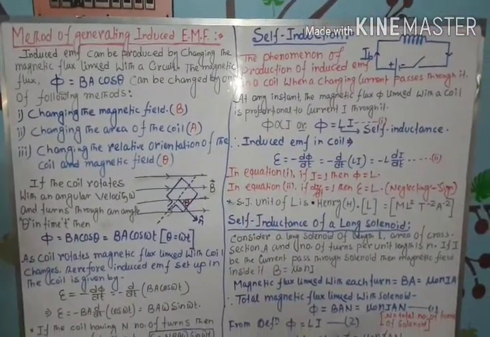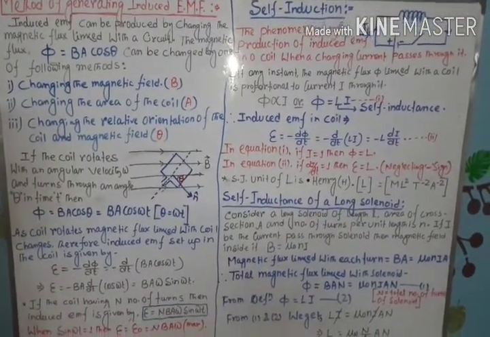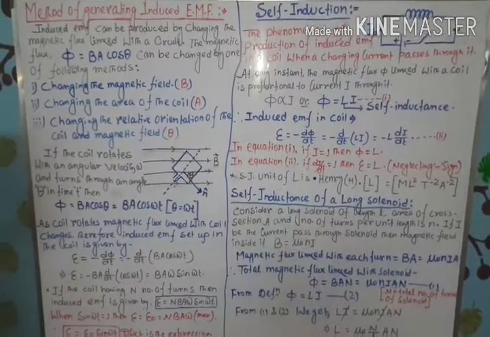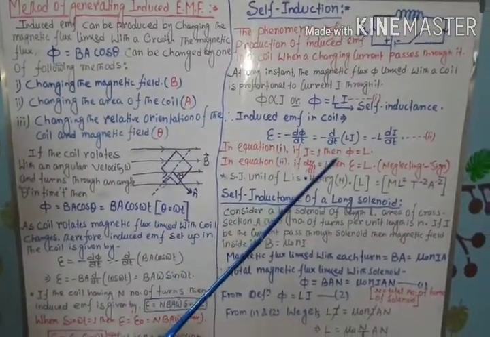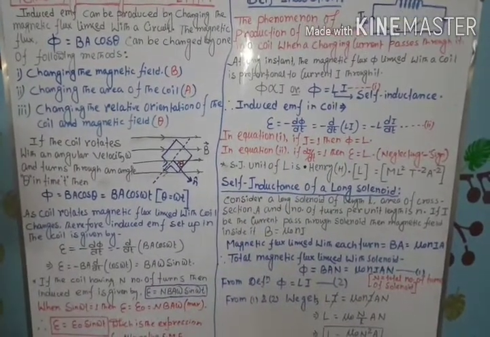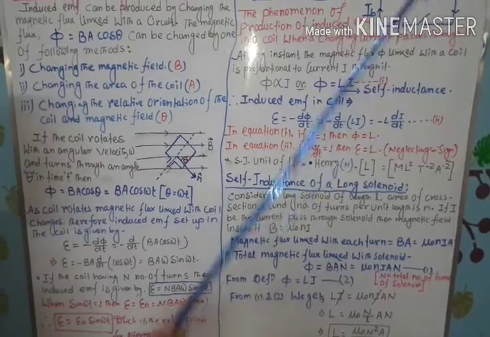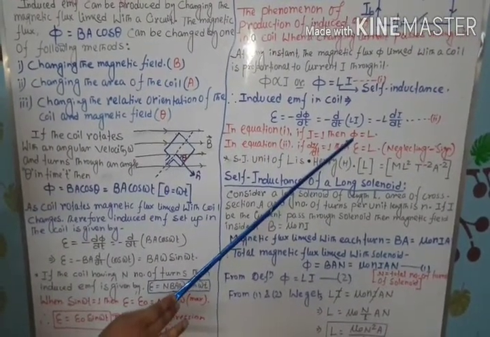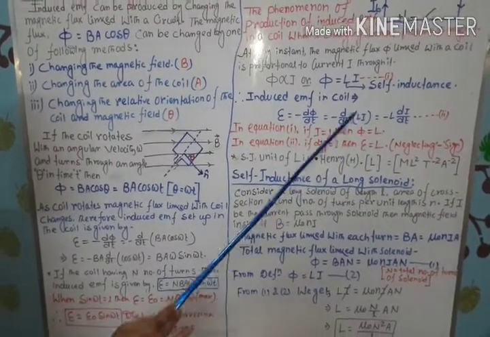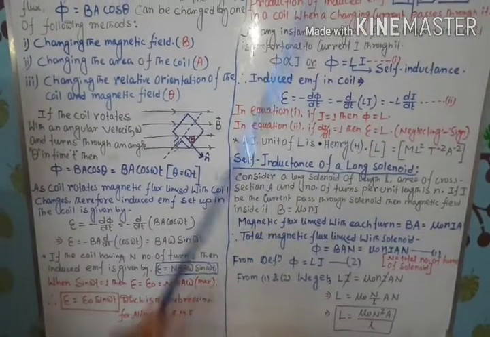So this is the expression for induced EMF across this coil. Now student, from these two equations 1 and 2, we can define the self-inductance. From here, if I equals 1, then phi equals L. So what is the definition? The self-inductance of a coil is numerically equal to the magnetic flux linking with that coil whenever unit current passes through it.